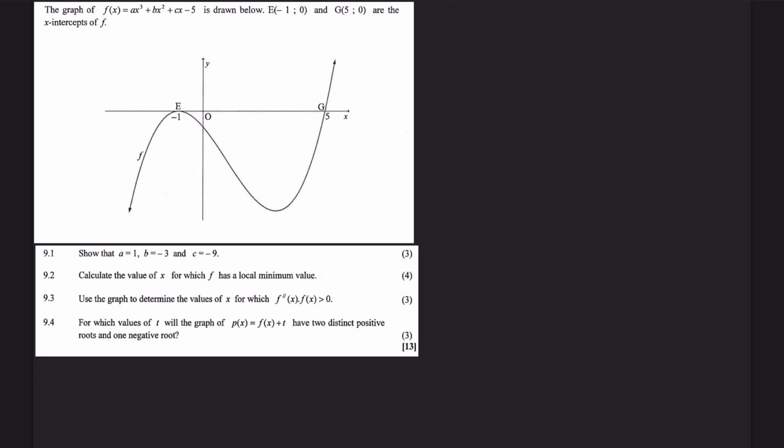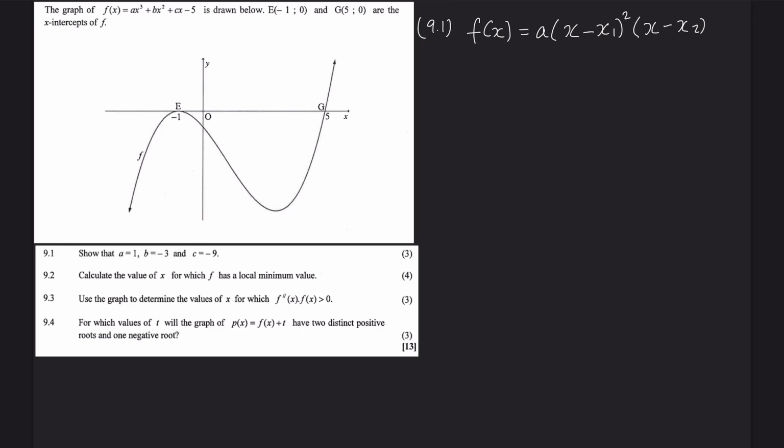Now, since this point E is the turning point and it's an x-intercept, we can use the form for a cubic graph, so 9.1: f of x equals a into x minus x1 all squared, multiplied by x minus x2.